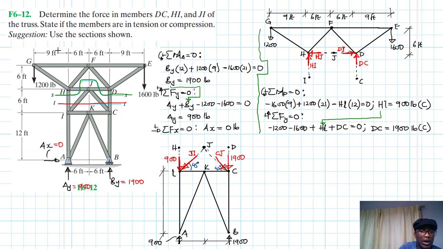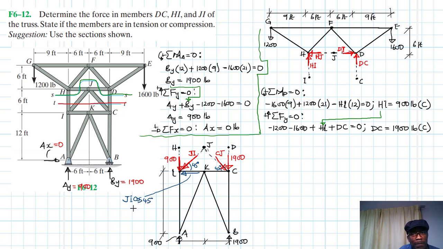Let me just create a boundary here, like this. We are going to have two components for JI. We'll have one component like so. This component is JI cos 45.